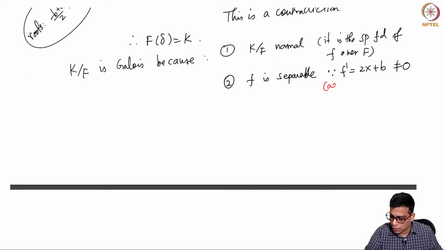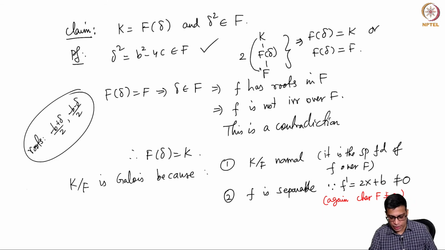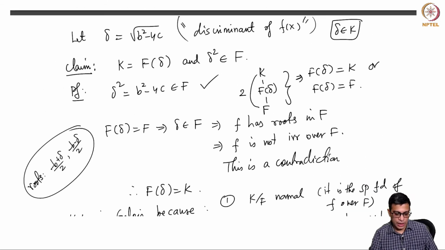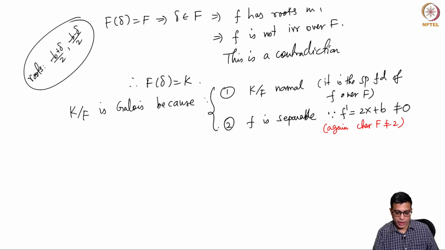So here again, characteristic of F not equal to 2 is used. Okay, so it is separable. One can argue that if alpha is separable, then F(alpha) is separable. That's a general statement. So K over F is normal and separable. So K is separable.